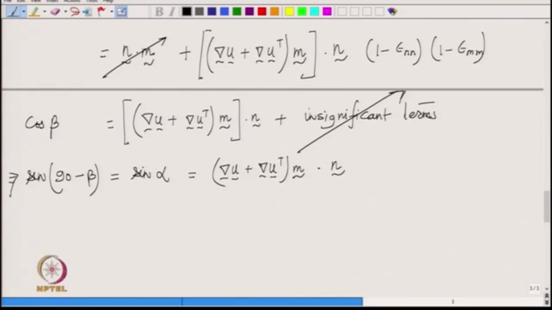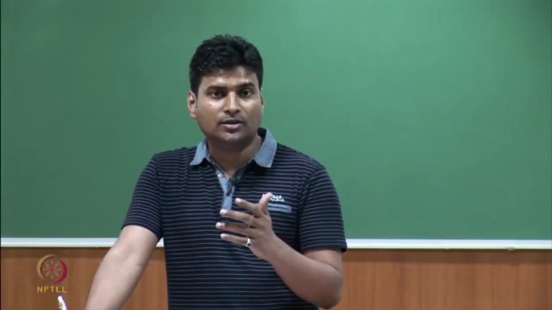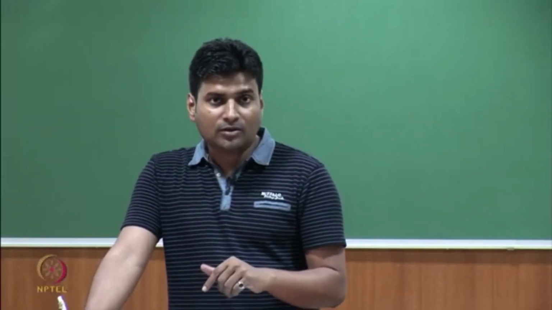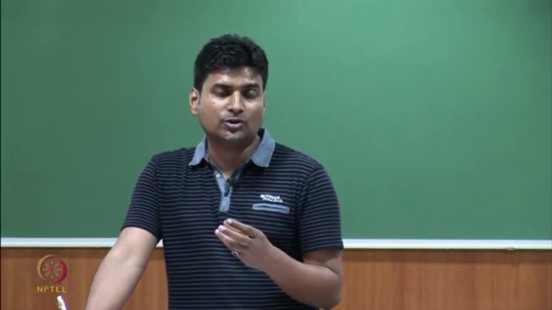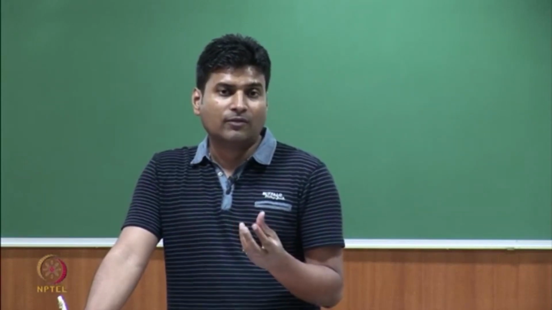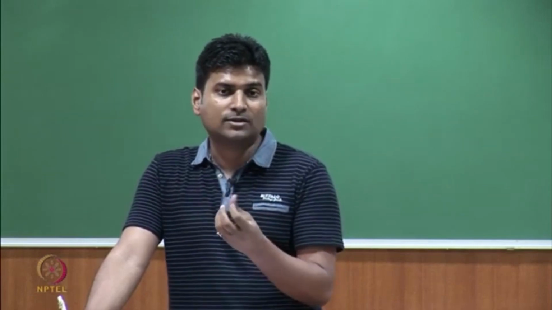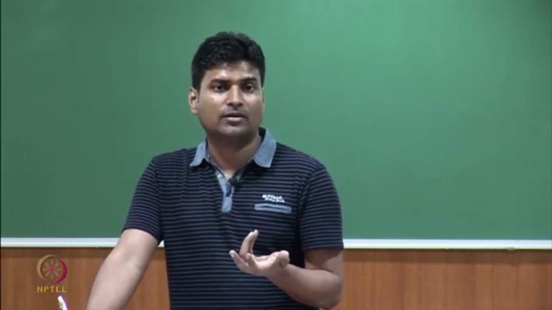So, what do you think is the order of this sine alpha, given that grad u are really small, is not it? We said it is 0.01 or 0.02, 0.03. So, when you work this out, the right hand side is of the order of 0.01 or 0.02. So, sine of alpha, if it is very small, then sine alpha is same as alpha, is not it?